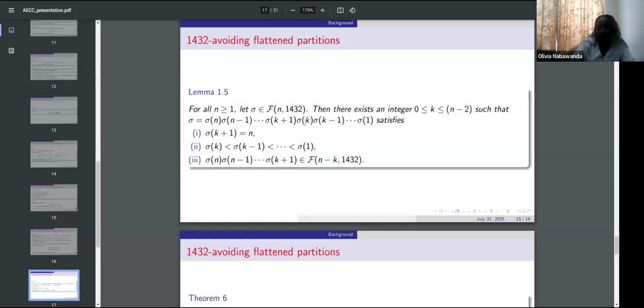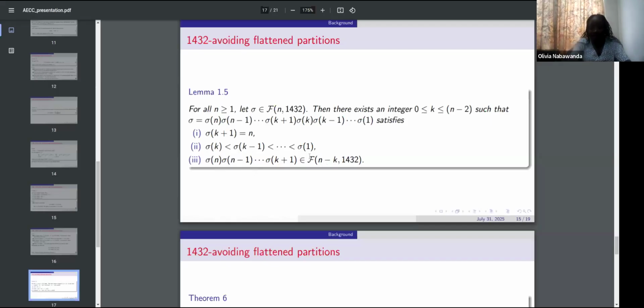So it is strictly increasing after n. And then on the left of n, that subword, which is sigma n up to sigma of k plus 1, is a 1432 avoiding flattened partition of length n minus k.